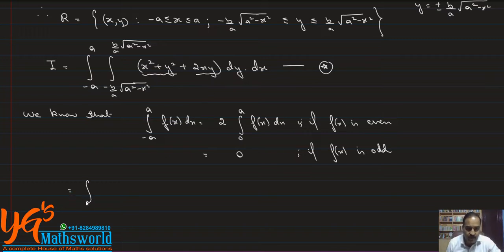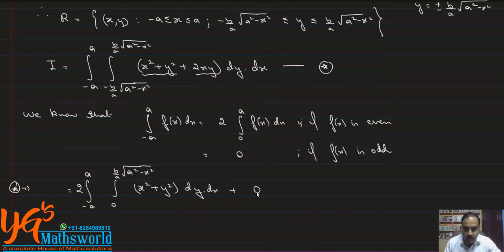So it will be broken into two parts. Minus a to a, and for y, I'll take this part with the property: 0 to b upon a root of a square minus x square, twice, into the function x square plus y square, which is even, dy into dx, plus 0 for the 2xy part, because it is odd.